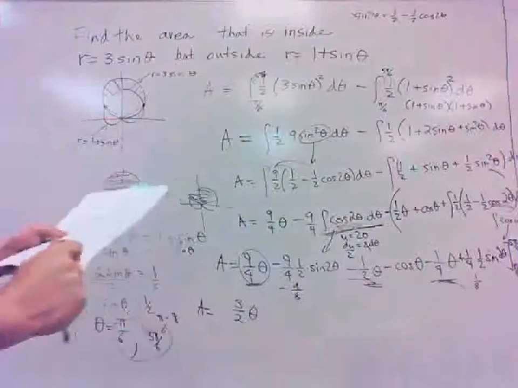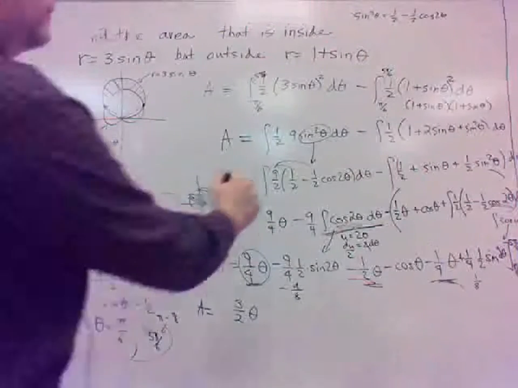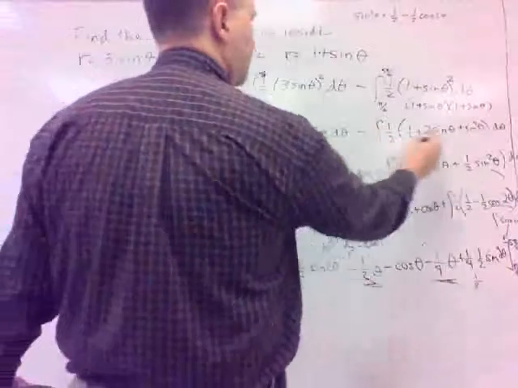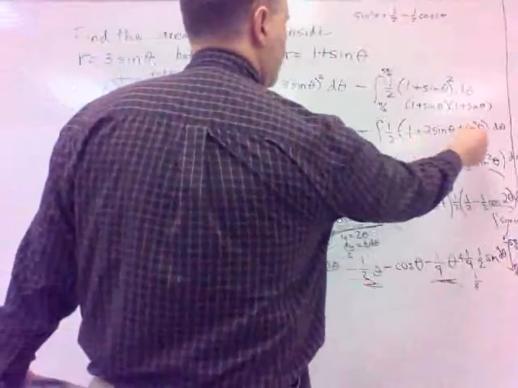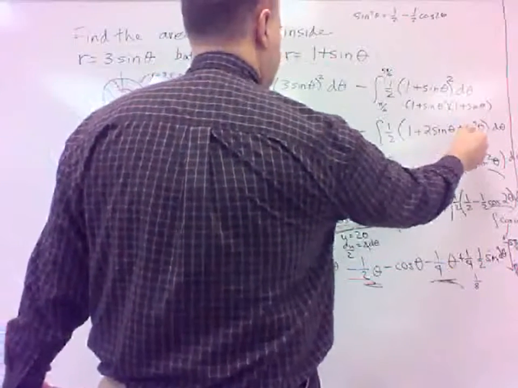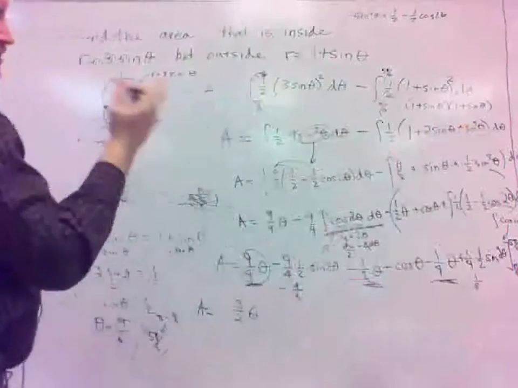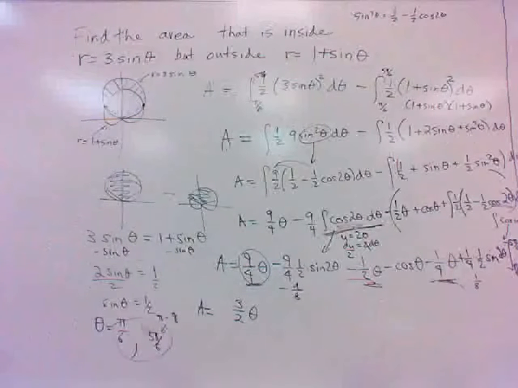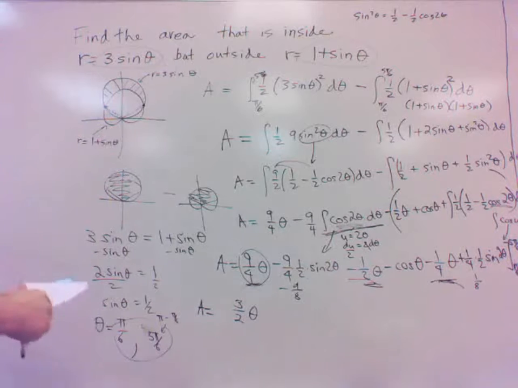That's 9/2 sine squared and 1/2 sine squared. That would be 4, minus positive. Something's not looking right.